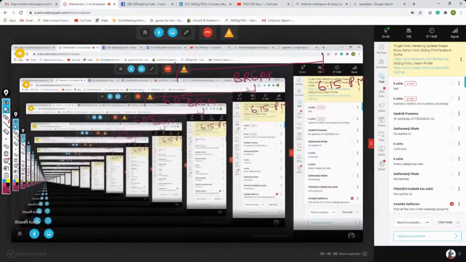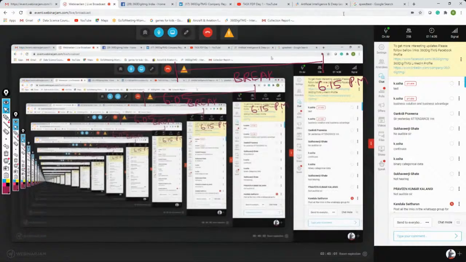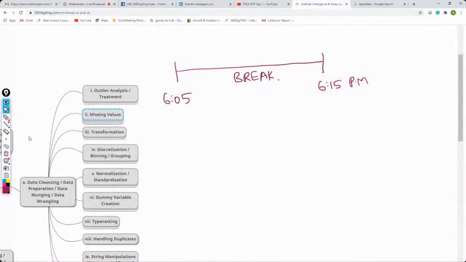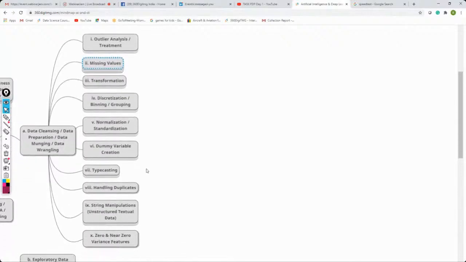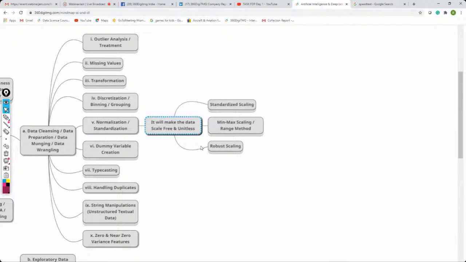Okay, let us continue here. We have to now discuss something called normalization and standardization. We use these techniques, there are three basically, to make the data scale free and unitless.